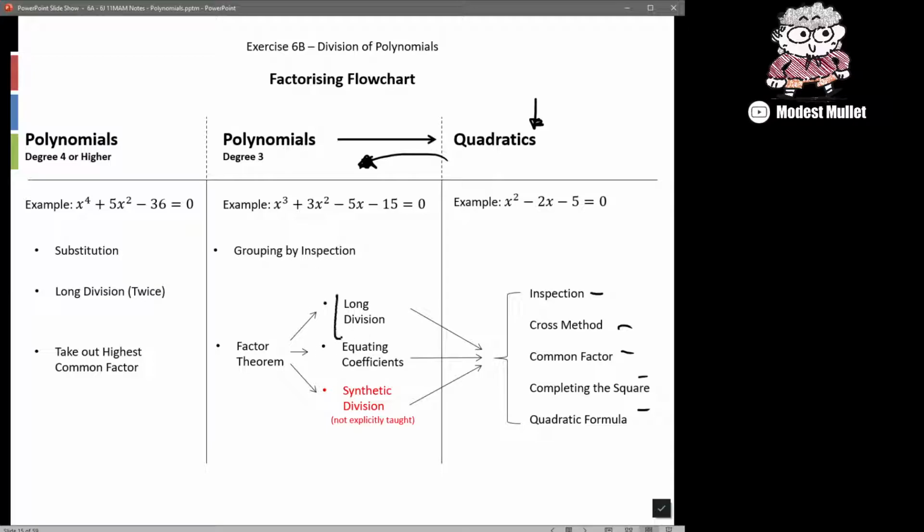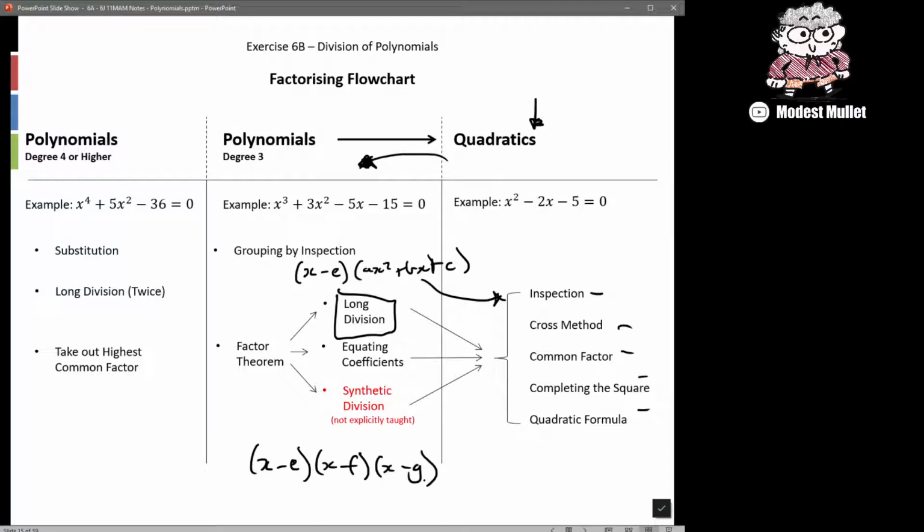But at the moment, we've just shown you how to do long division. If we're given one of the factors already, you're going to divide it. You'll get some x minus whatever, and then you'll get some quadratic. And to factorize this quadratic, you use your quadratic methods, and you'll eventually be able to get it in the form x minus e, x minus f, x minus g, working through your flowchart.